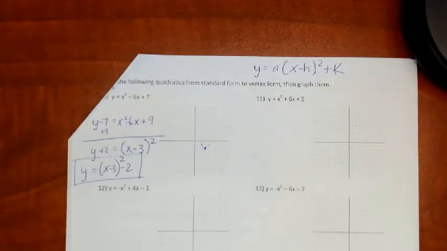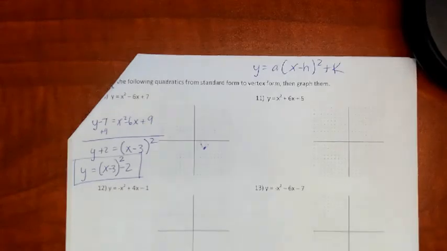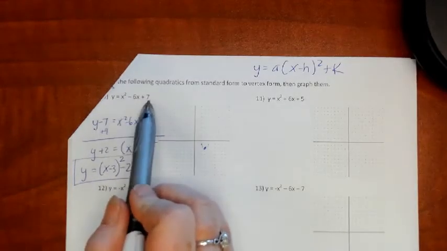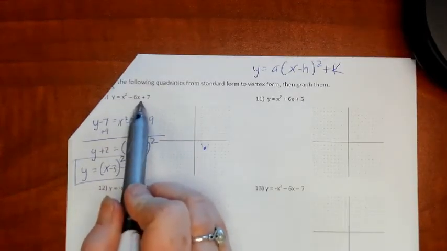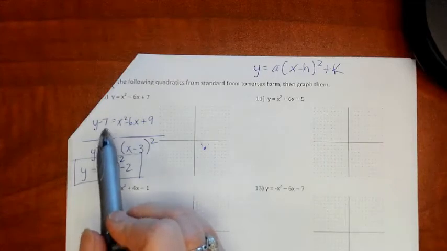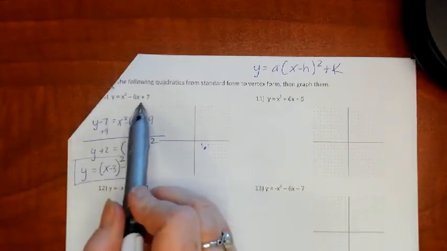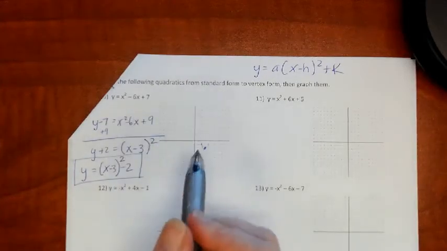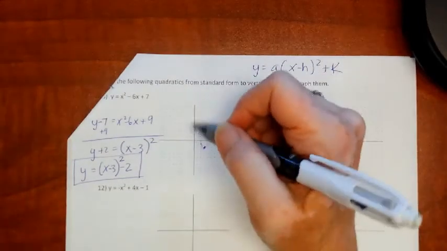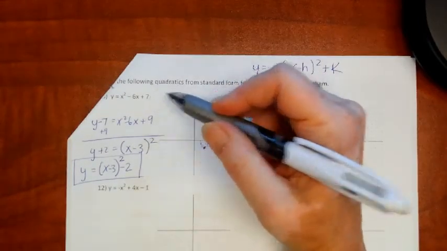I guess what I could do is, I know that right here, if I plugged in a 0 for x, y would be 7, and I know that's going to be my y-intercept. So actually I'm just going to cheat and use the 7.